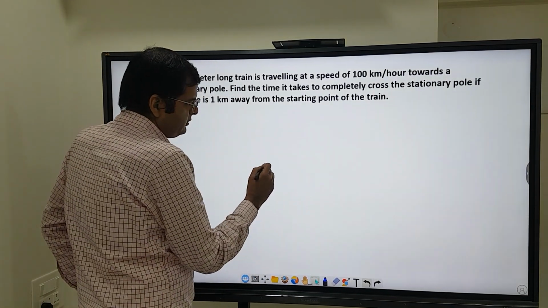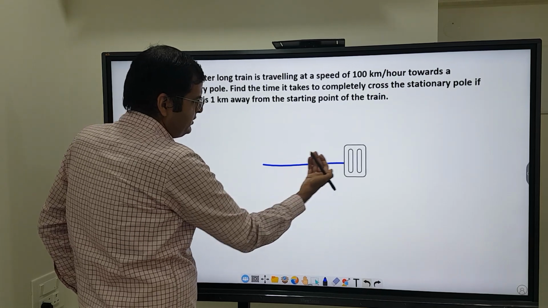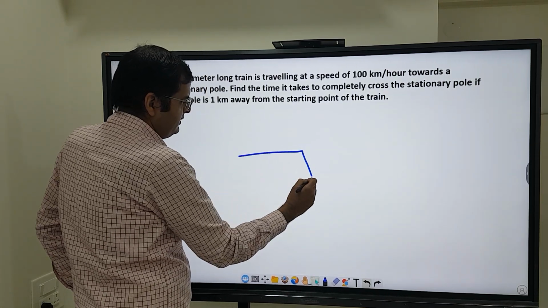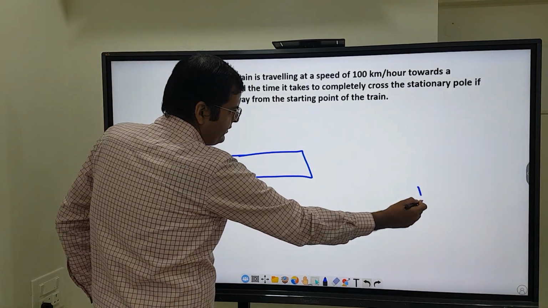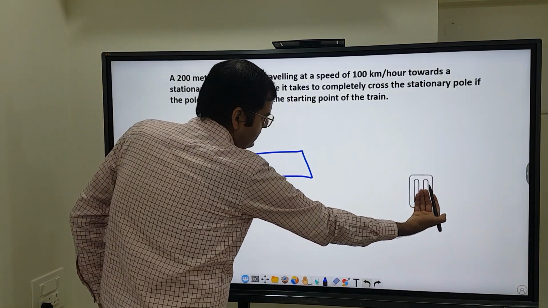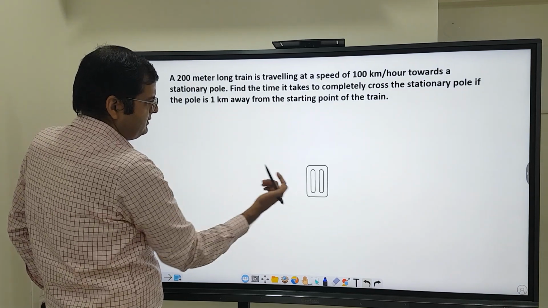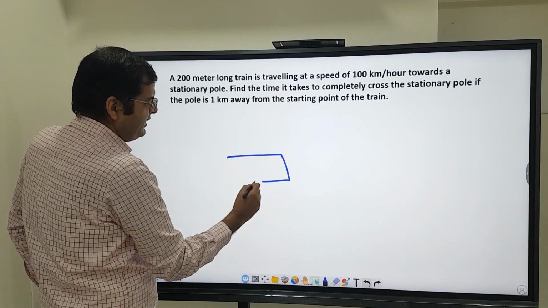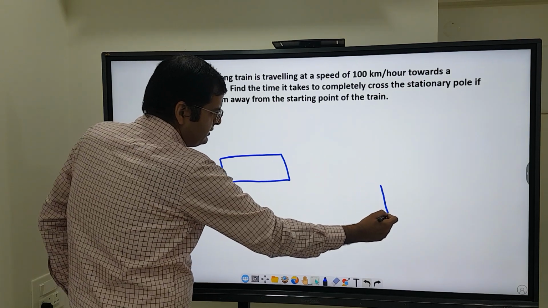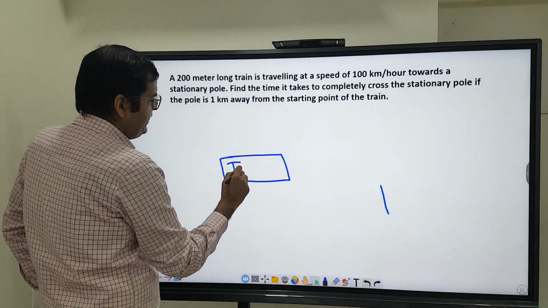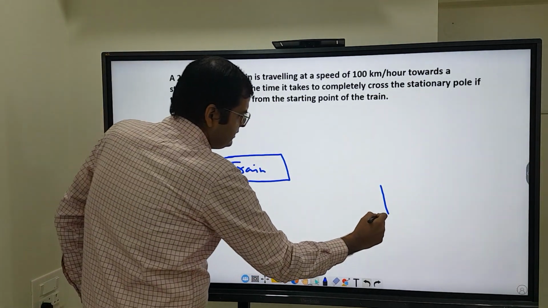Let us assume this is the train and I have a pole somewhere here. Let me draw this on a smaller scale. So this is the train and this over here is the pole.